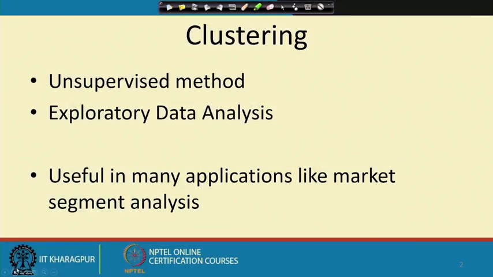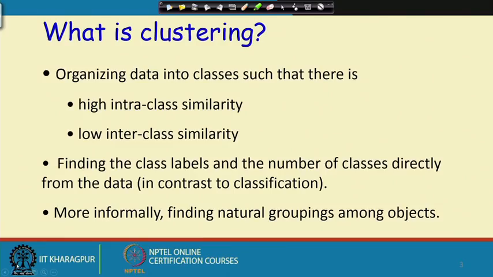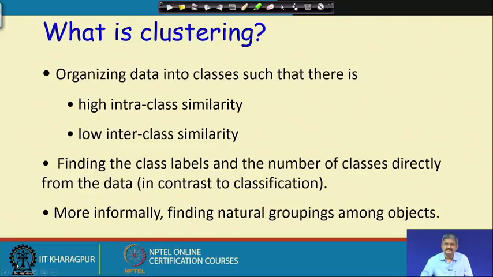So, the definition of clustering is you have to organize the data, the points, the examples, into groups which are homogeneous.